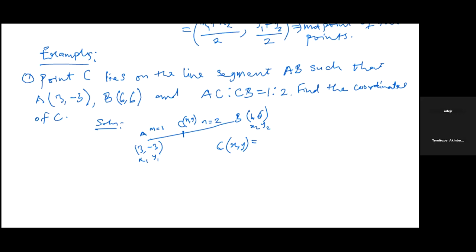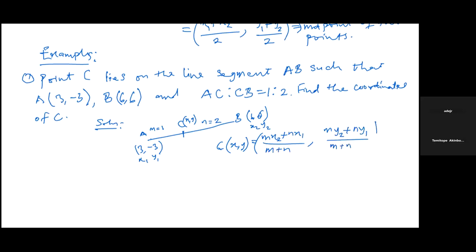So M times X2 plus N times X1 over M plus N, comma, M times Y2 plus N times Y1 over M plus N.